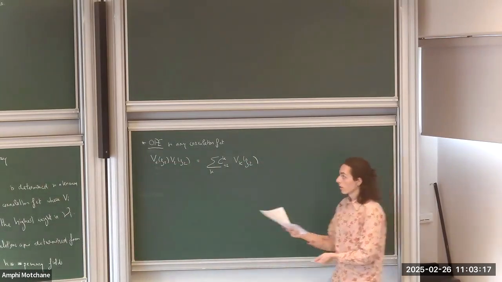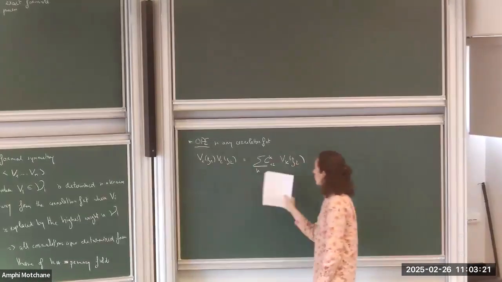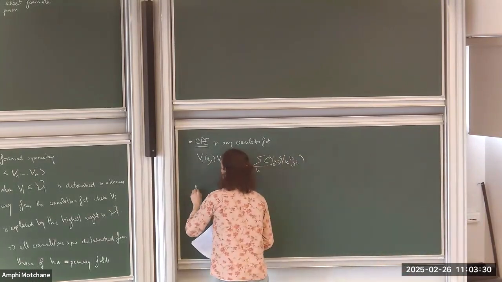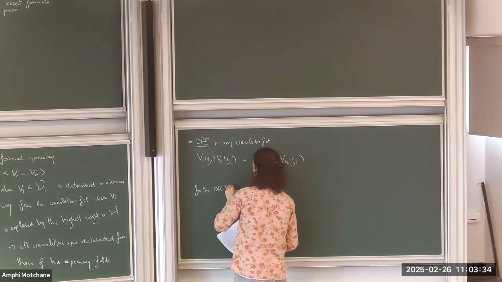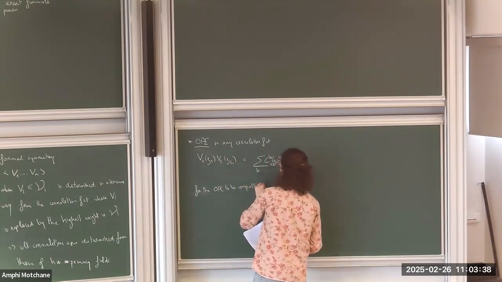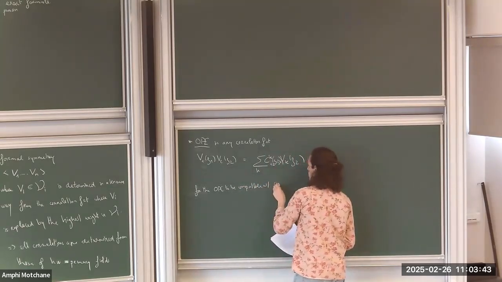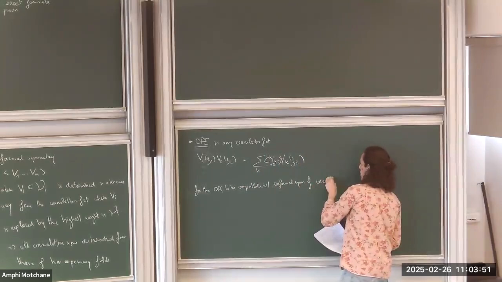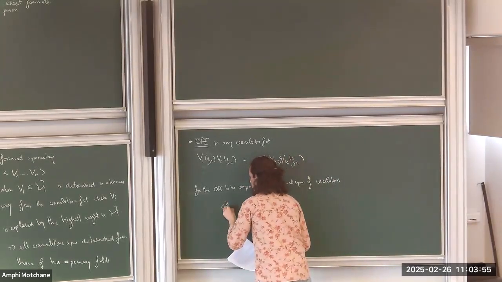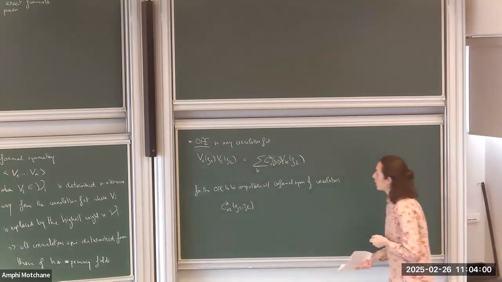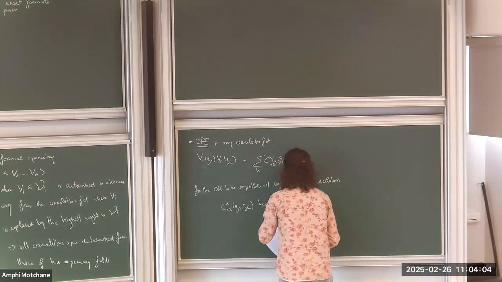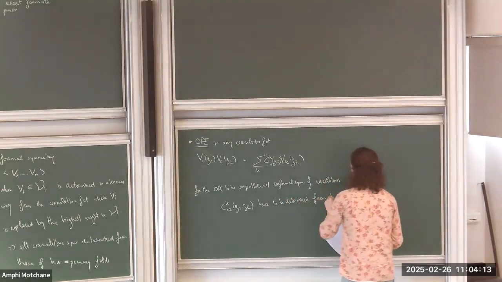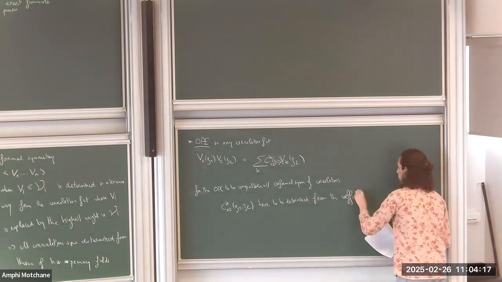And for the OPE to be compatible with the conformal symmetry of correlations, the coefficients C^k_{12}(Z1, Z2) have to be determined from the coefficients of primaries.